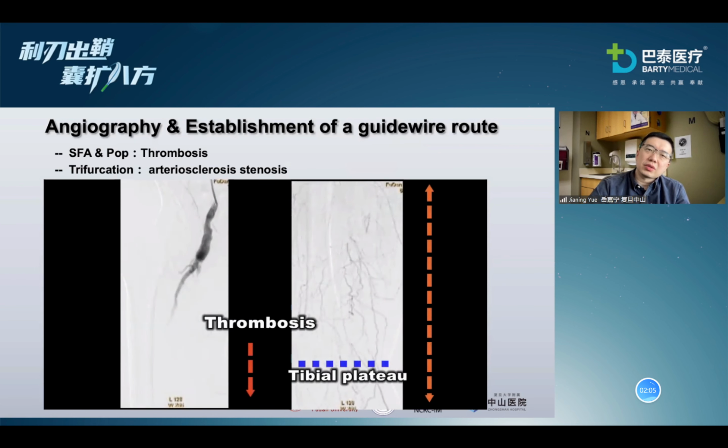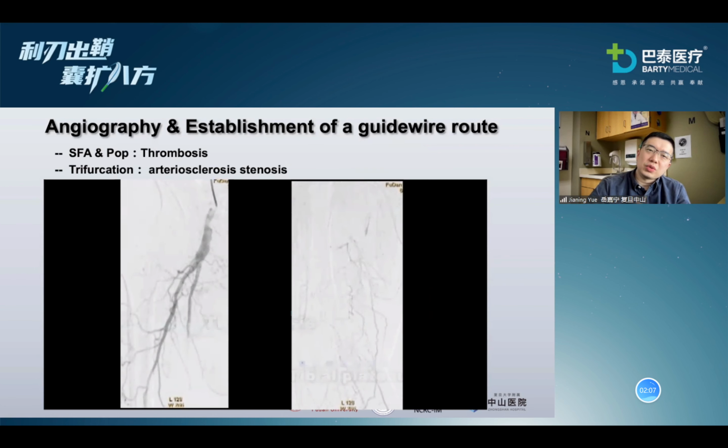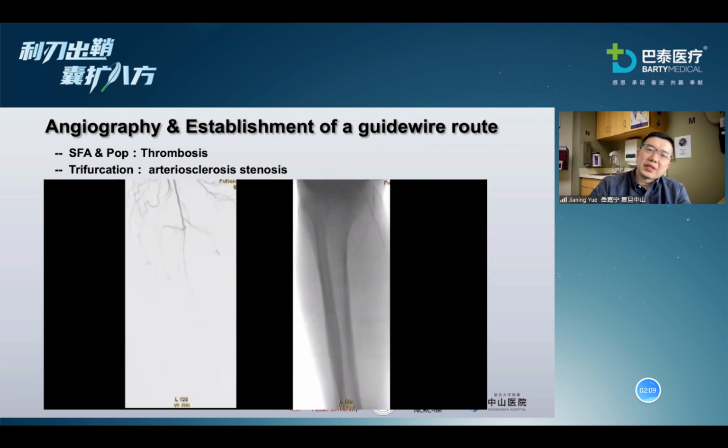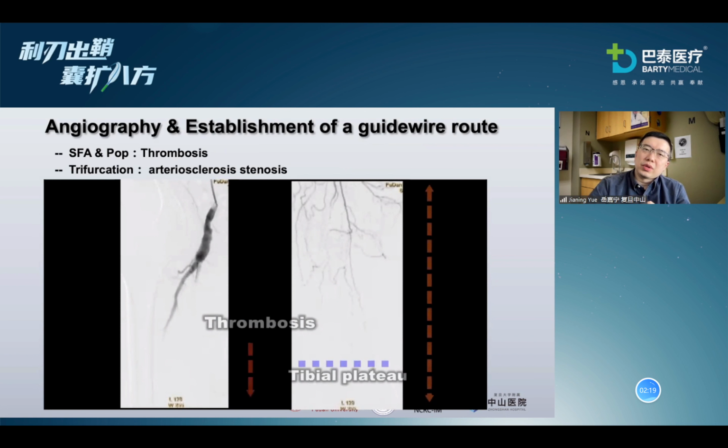For this case, we did angiography. We found that in the SFA, there's some residual thrombosis, and also arteriosclerosis stenosis, and the runoff is very poor.